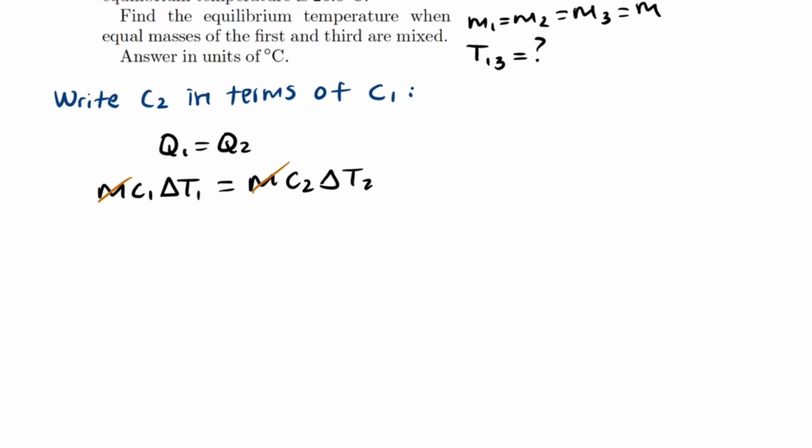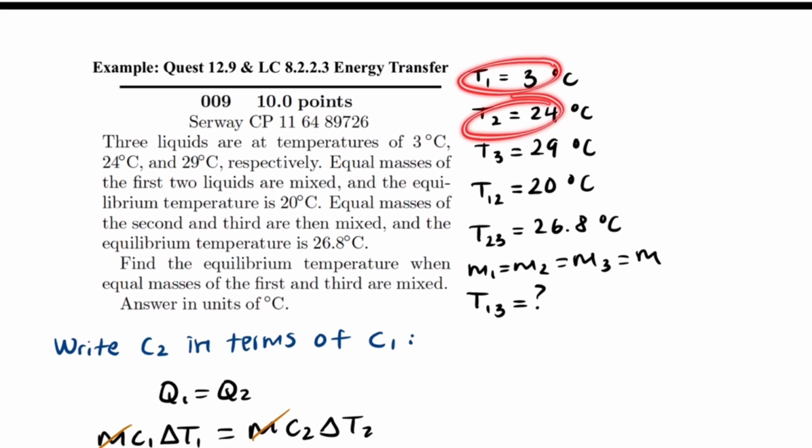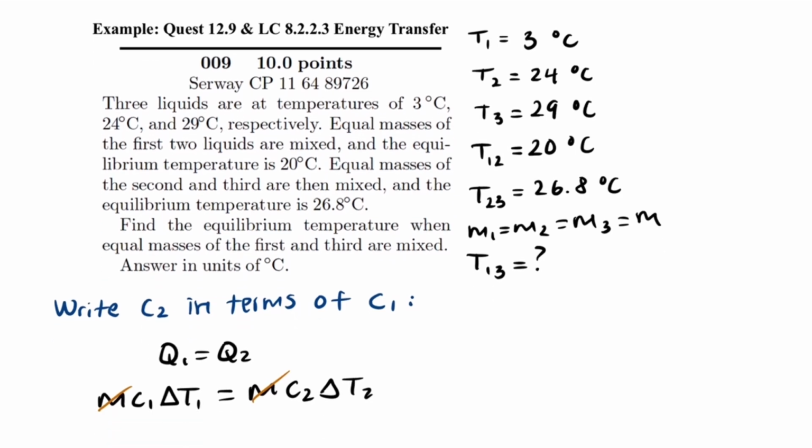Now what we need to do is set up our delta T in such a way that we have a positive number. So we just have to be looking at T1, T2, and T12. For our left side, it's going to be T12 minus T1, and for the right side, it's going to be T2 minus T1.